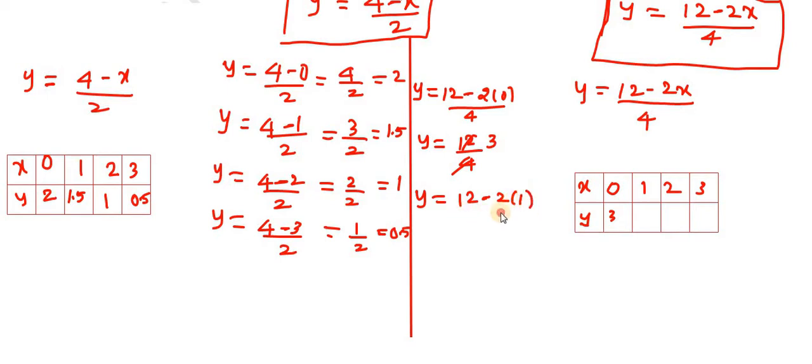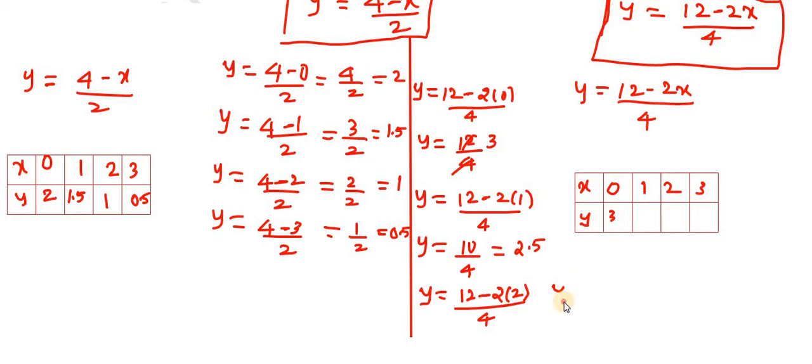Then y is equal to (12 minus 2 into 1) divided by 4. So here y is equal to 12 minus 2, that is 10, 10 by 4, which is equal to 2.5. Then y is equal to (12 minus 2 into 2) divided by 4.